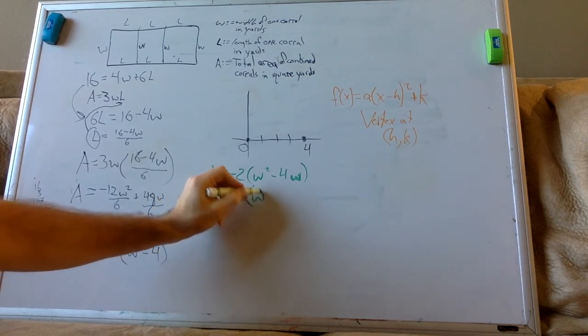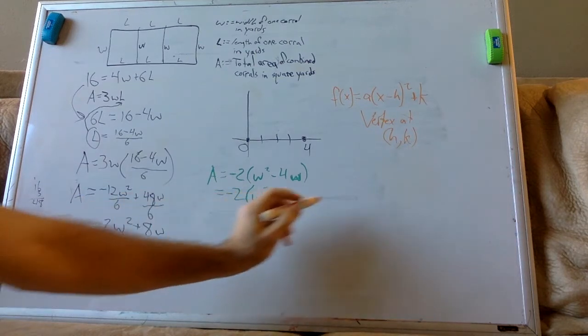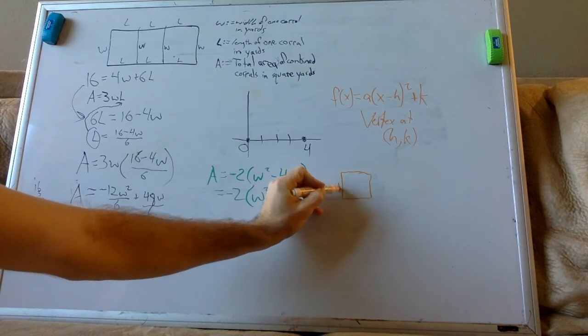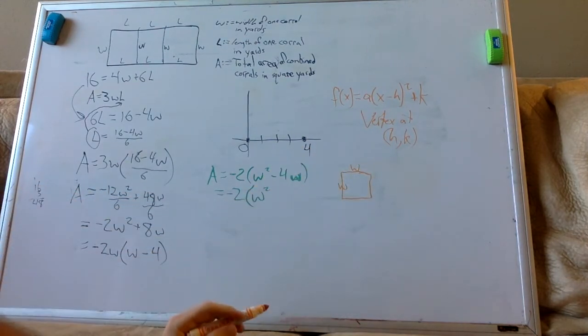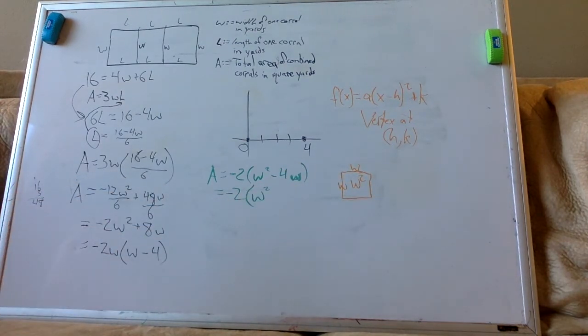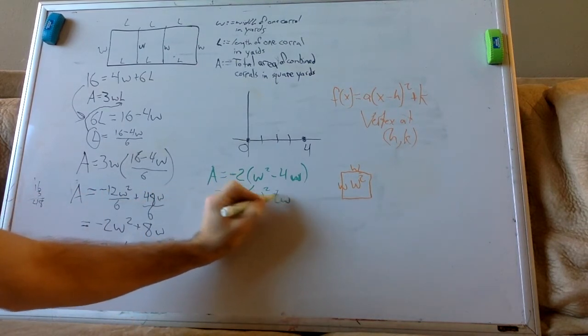So if I think of this as, I have a w squared, right? It's w by w, so that makes a w squared. Then I'm going to put pieces on each side of negative 2w.